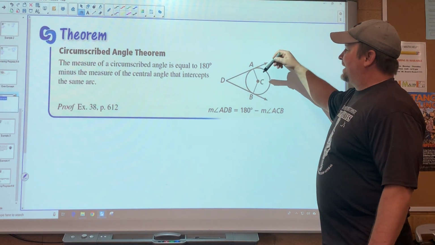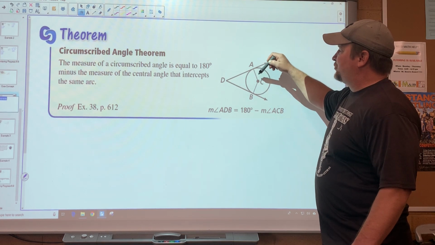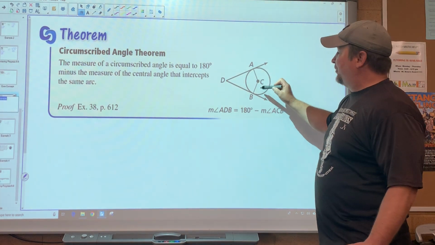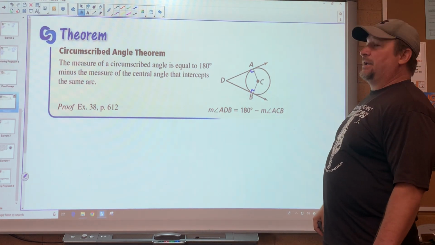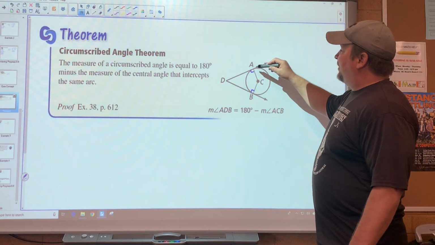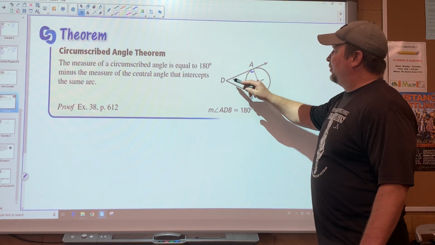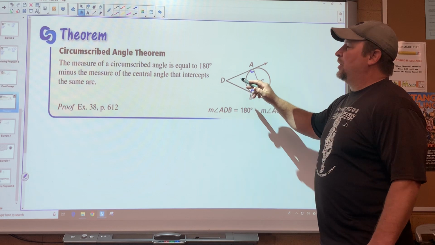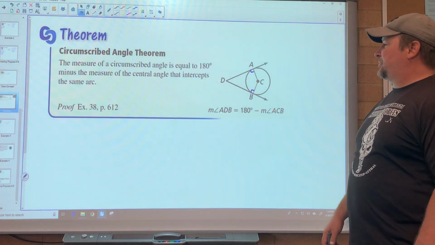As long as the two tangents can have two lines drawn to them that are 90 degrees, remember those will always be 90 when you draw them from the center. Okay, they'll always be 90. Then this right here and this angle, so this angle and this angle will always add up to 180. They'll always do it. They'll always add up to 180.